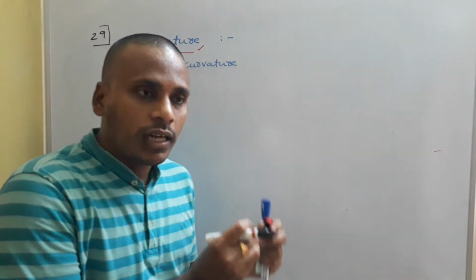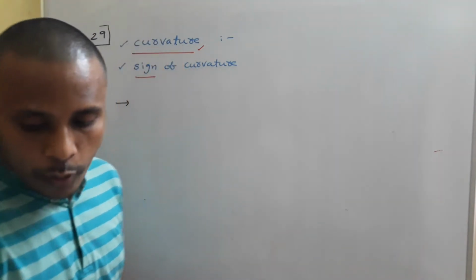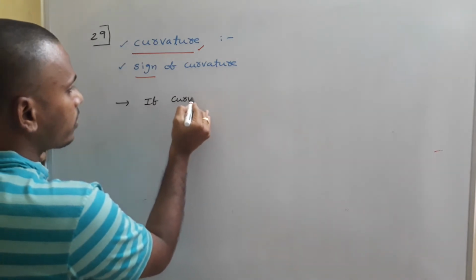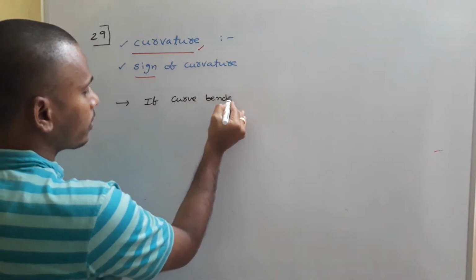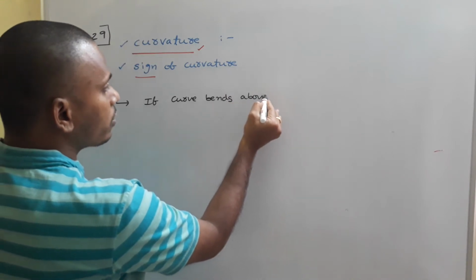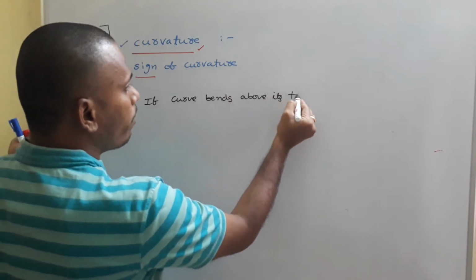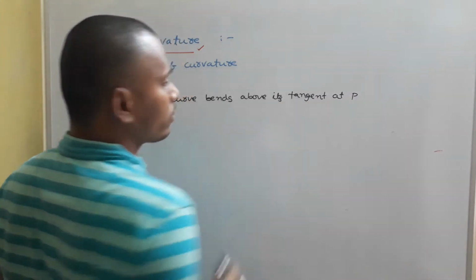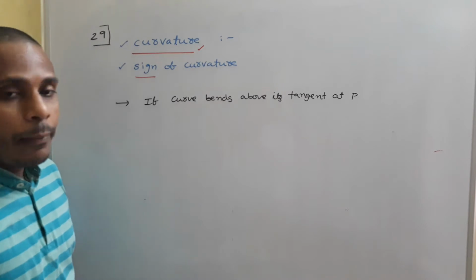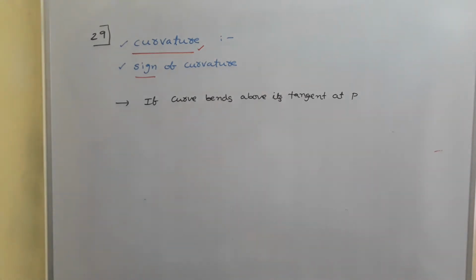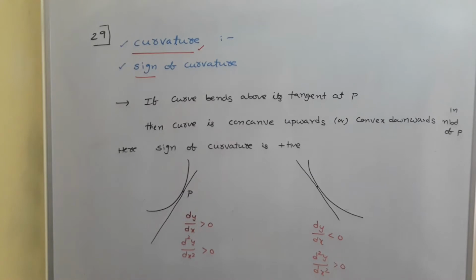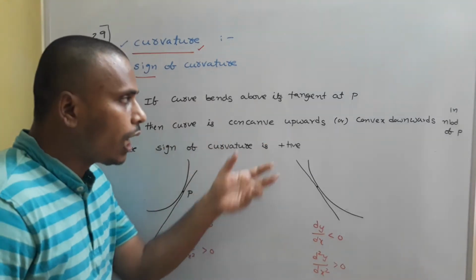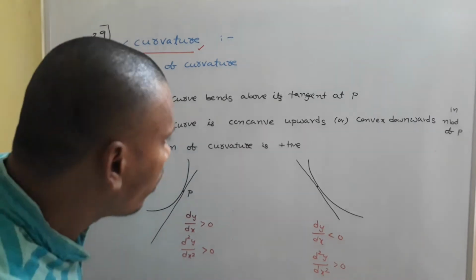When the graph or the curve bends above its tangent at a point p, what will happen? If the curve bends above its tangent at p, then the curve is mentioned as concave upwards.